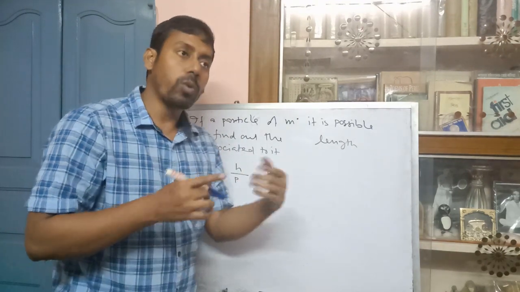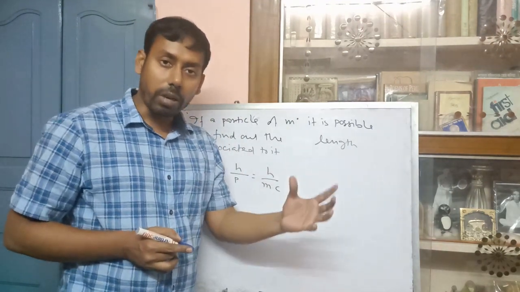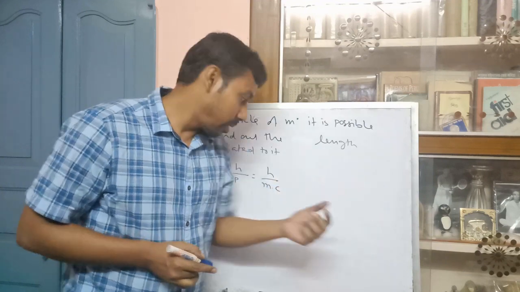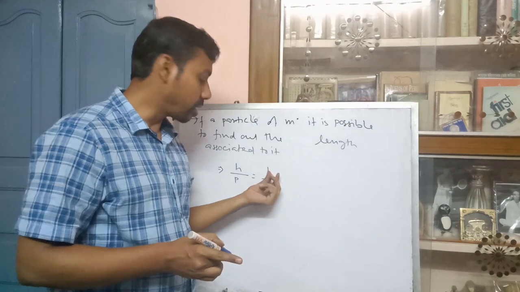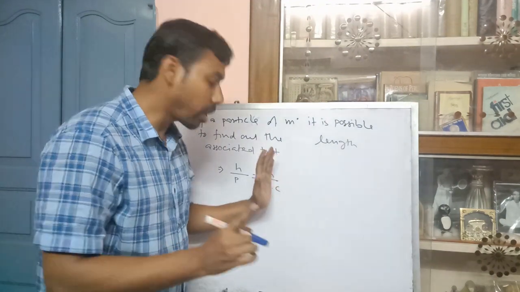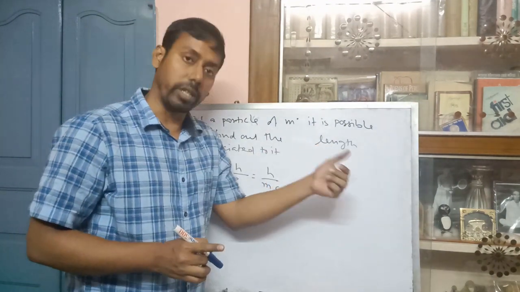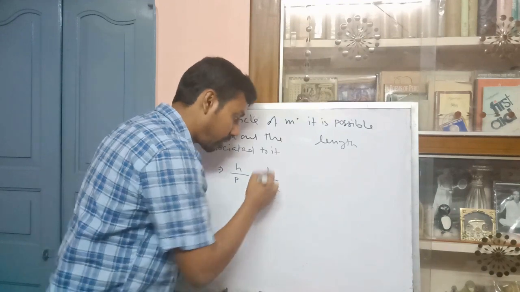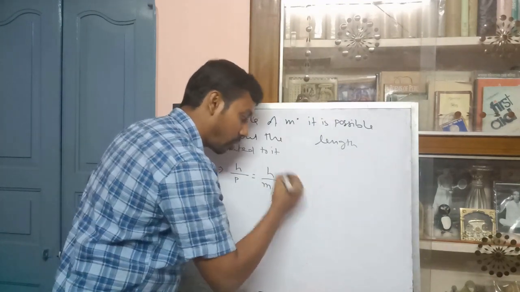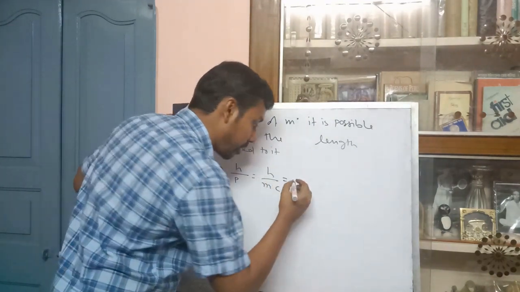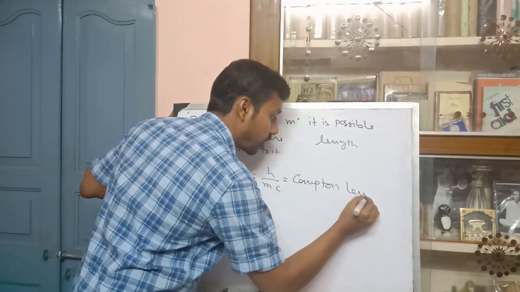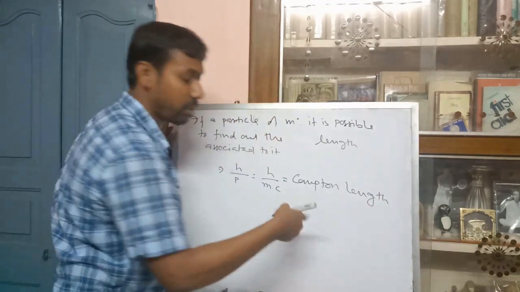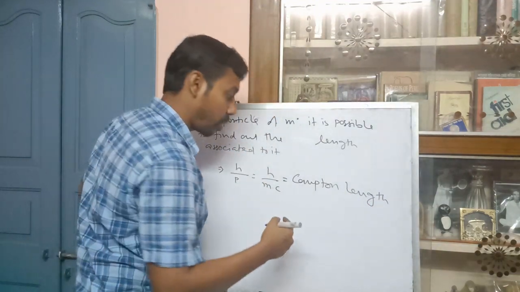If you only know the mass of a particle, you can evaluate the length associated to it, because c and h are natural constants: c is the velocity of light, h is the Planck constant. We know this data, so we can find out the length associated with it, and this amount h by mc is known as the Compton length. Later we will see that this amount gives you the Compton length.